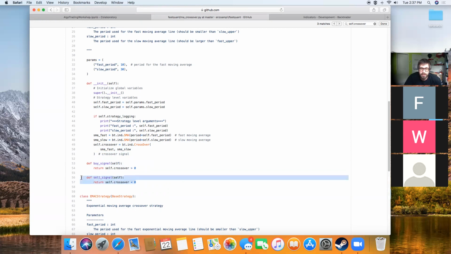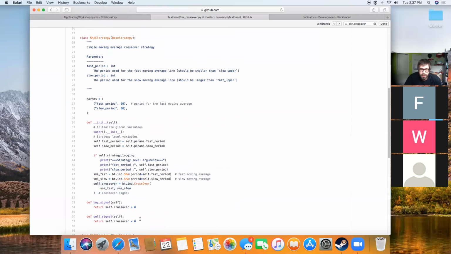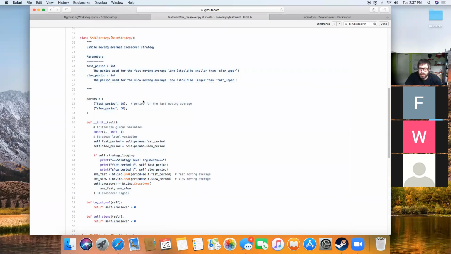And if it's less than 0, it means sell. So using the library, this is how simple it is to implement strategies that use these indicators, just by passing the indicators from the library as members. In this case, self.crossover would be using these 2 indicators, and it will automatically calculate over the data.